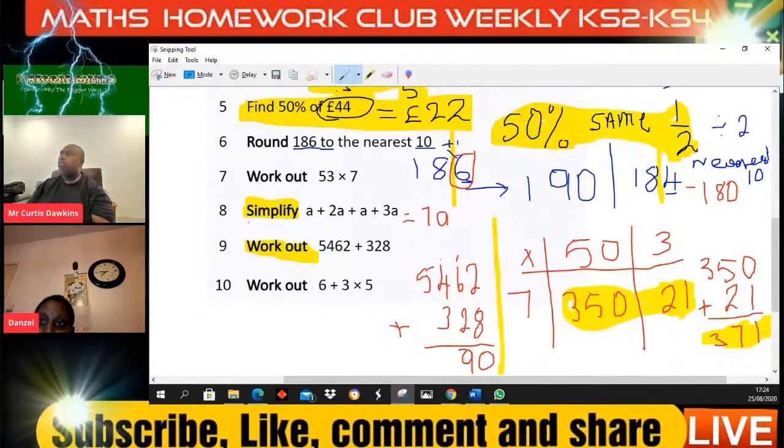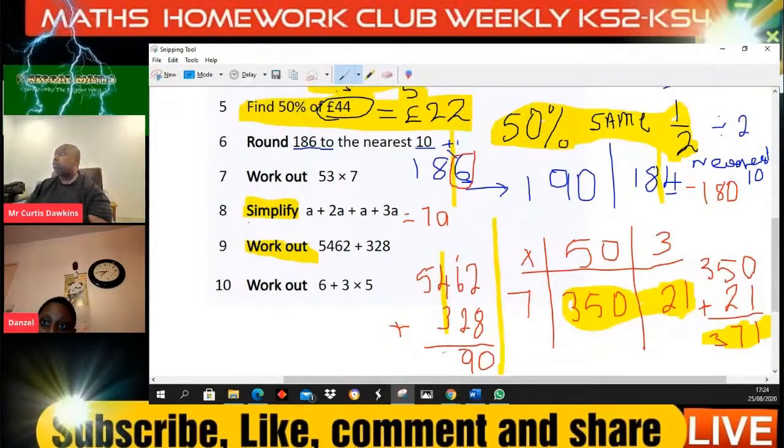Right, now moving on. What column is this, Denzel? Hundreds. Well done. So you got 4 plus 3, 7.